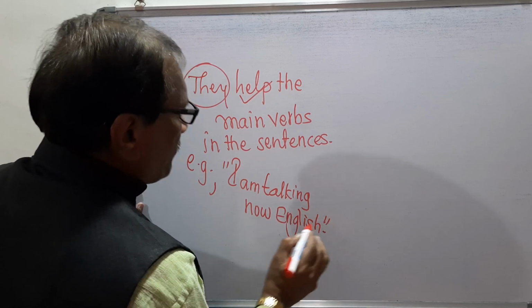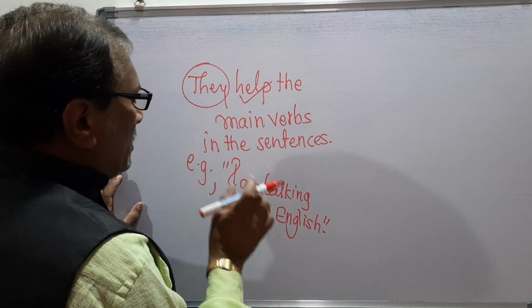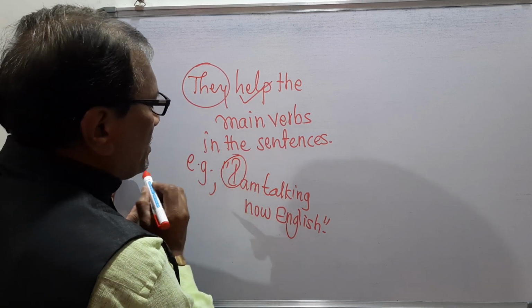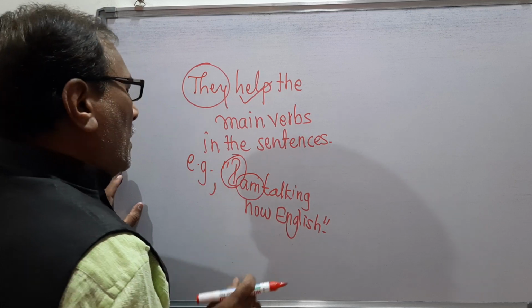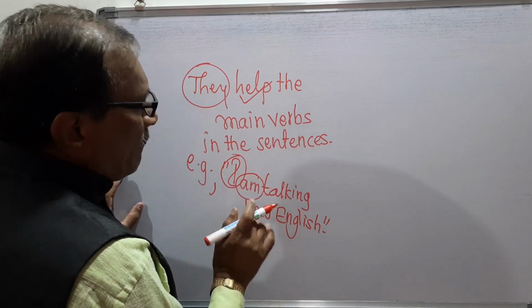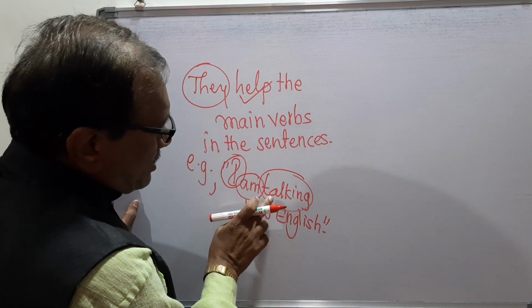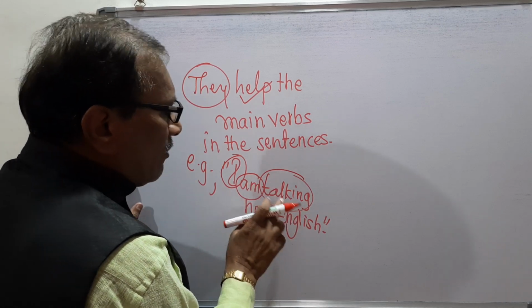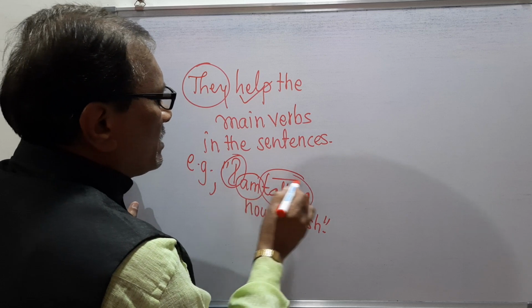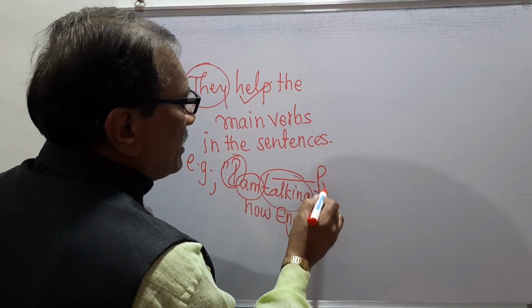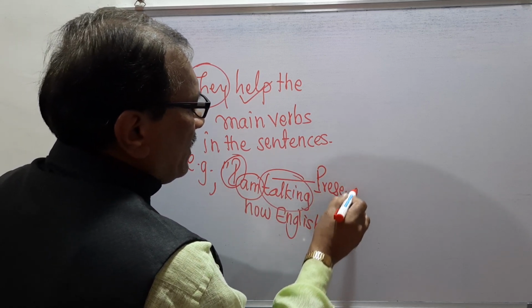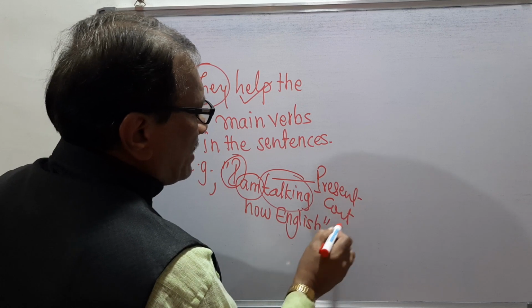So see, here is the explanation: this I is the subject, am is the primary helping verb, and talking is the main verb. This talk is included with ing, and that's why this is the present continuous tense. Remember, this is the present continuous tense.